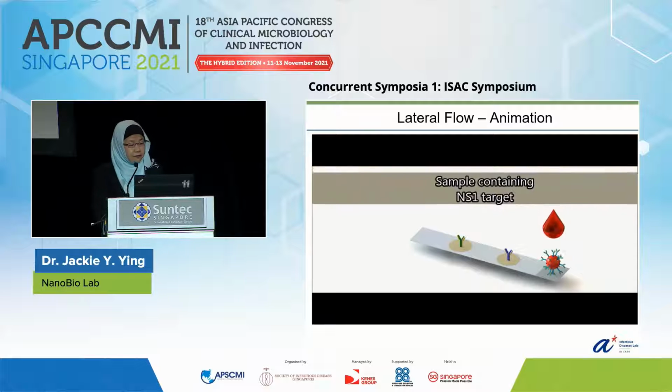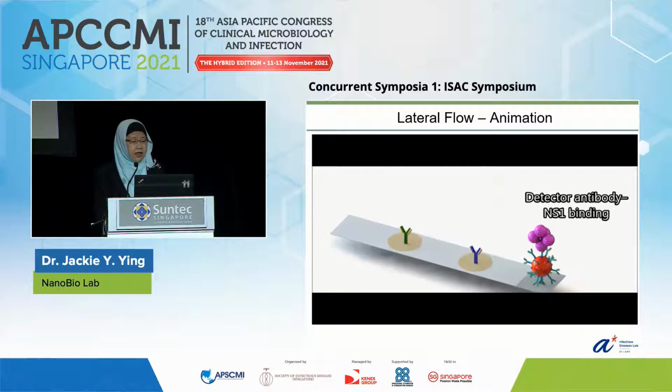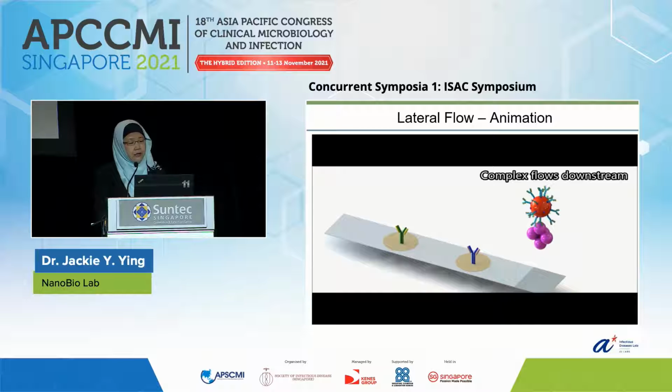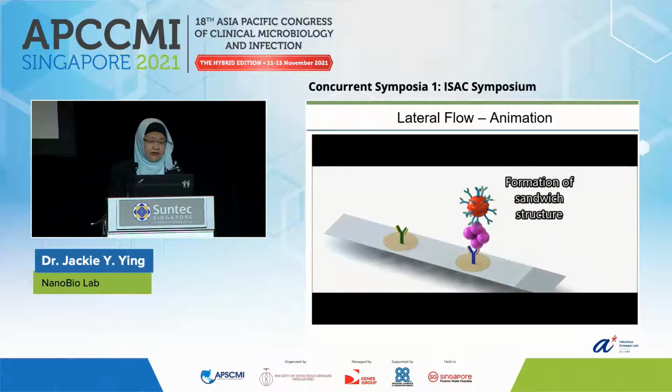So all of you are familiar with the lateral flow assay. In the lateral flow assay, basically what we need to do is to form a sandwich assay, and it involves a gold nanoparticle.